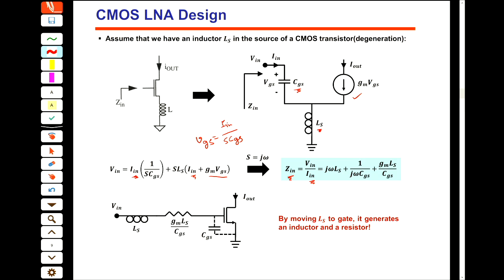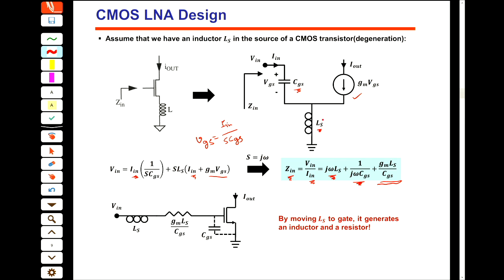The interesting part of this is the effect of this LS on the input impedance of this transistor: it shows two elements. One is the original 1 over SCGS that we had. This is the LS which goes into the gate terminal, and this is another component which it generates, and you see that the nature of this component is resistive.